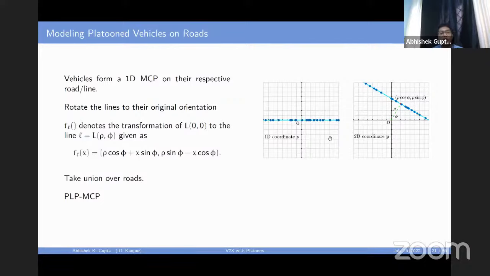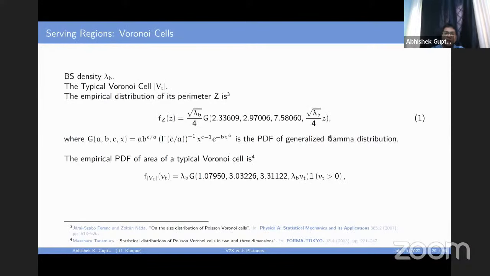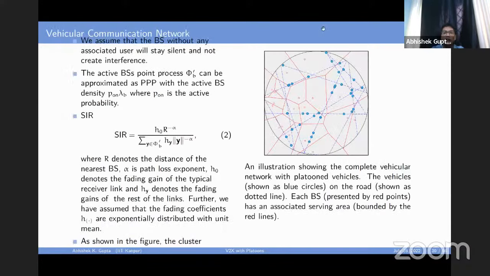When you take a union of all those roads, what you get is a set of multiple roads and the platoon vehicles on each road. Let me show you a simple diagram. This will look something like this. You have multiple roads, and the blue dashed lines are roads. You have vehicles on these roads, and then there are multiple roads and vehicles on all these roads.